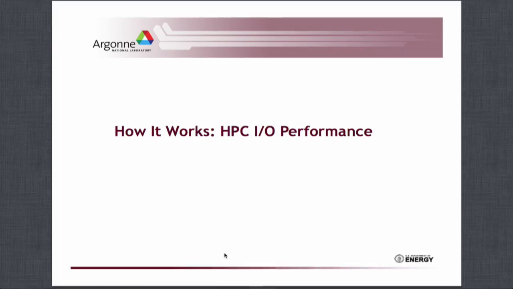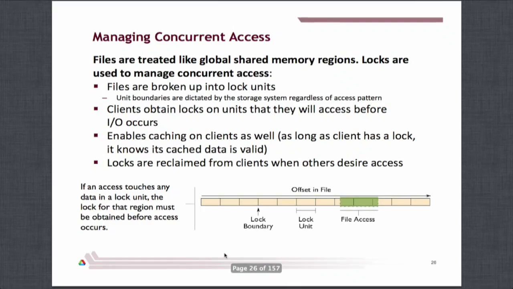So how do we get performance out of all this? The first thing, well, maybe the second thing. The first thing is do big I/O if you can, but the second thing is to think about how the storage system protects data that's striped across multiple servers. The issue is you have a lot of clients. They probably don't know how data is broken up, and they may concurrently try to access the same block on a server.